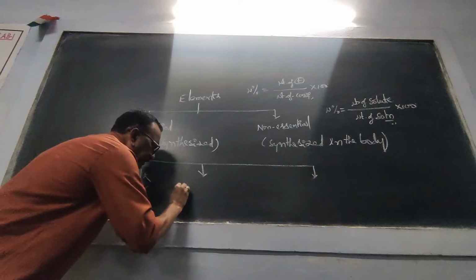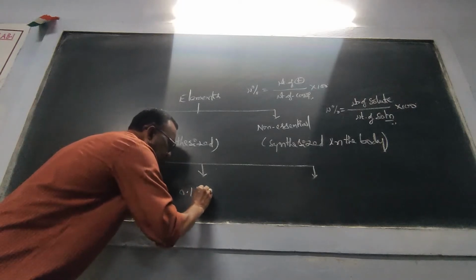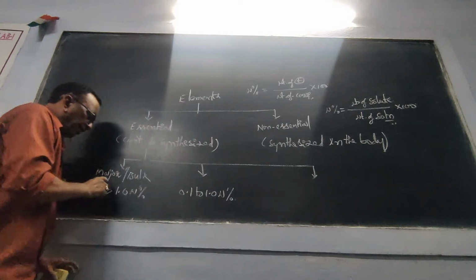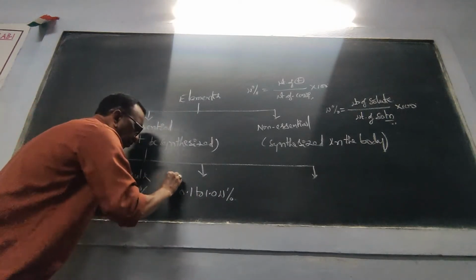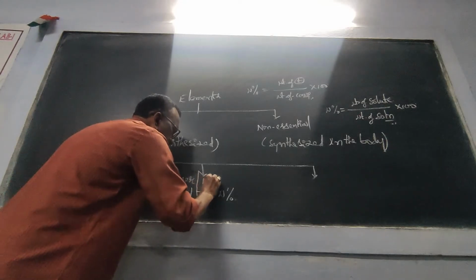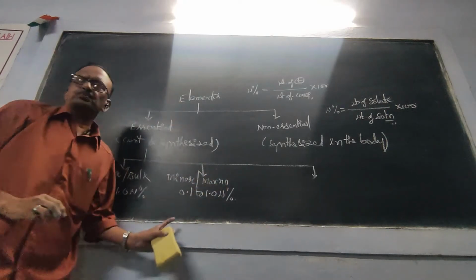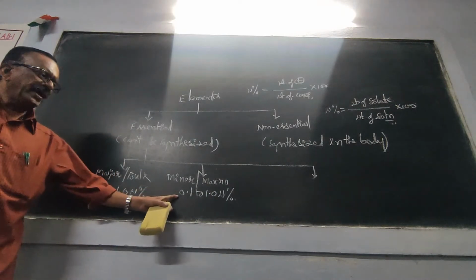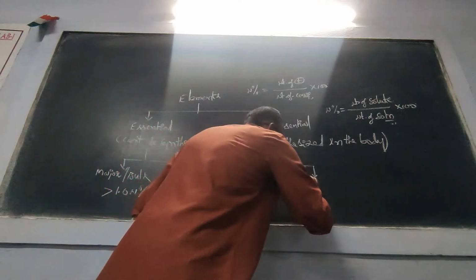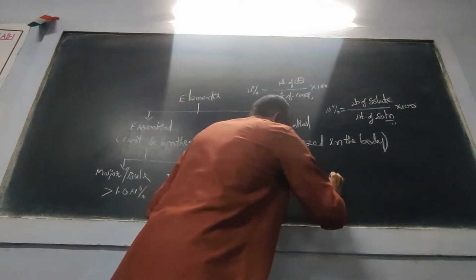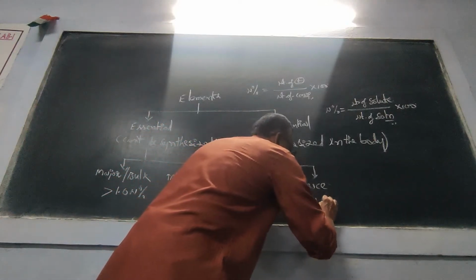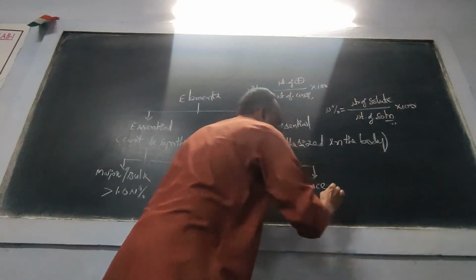Suppose the weight percent is 0.1 to 1 weight percent, then it is called minor, the opposite word of major, and for bulk, here we write macro. So 0.1 to 1 weight percent, and the last one is trace elements. We have trace elements whose weight percent is less than 0.1 weight percent.